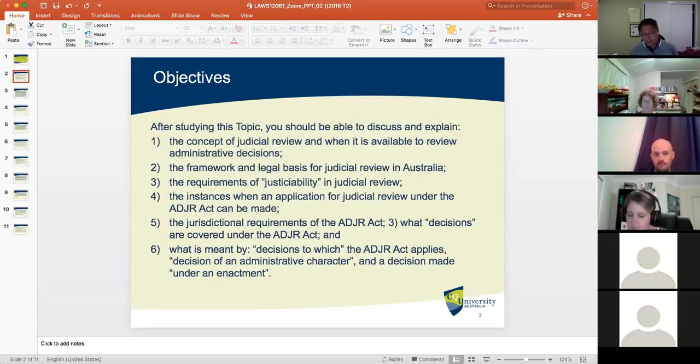And the common law jurisdiction of the courts is an assertion by the judiciary of its inherent power to ensure that any actions by the executive is according to the law. So, for example, we will examine the principle of legality here.